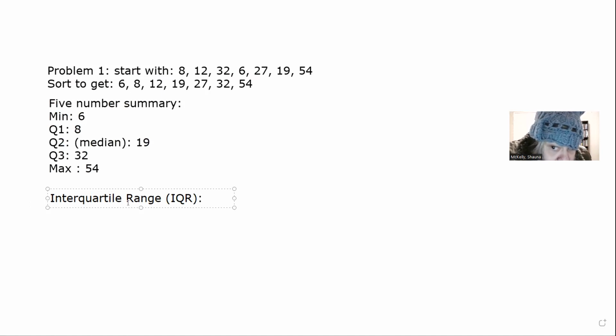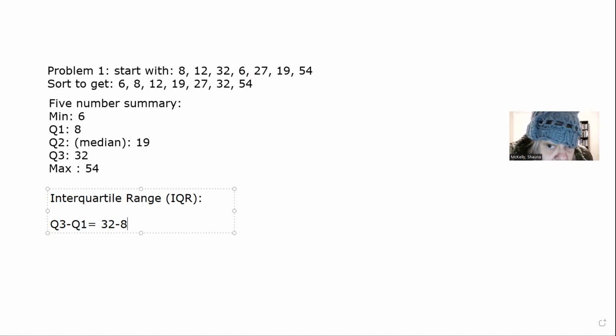That's always Q3 minus Q1, okay? Q3 minus Q1, always. Okay, so that's how you get the interquartile range. So in this case, Q3 is 32 and Q1 is 8.